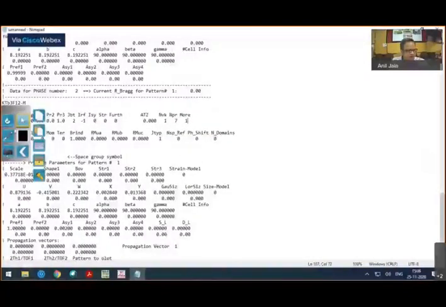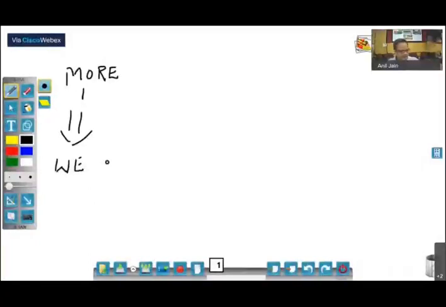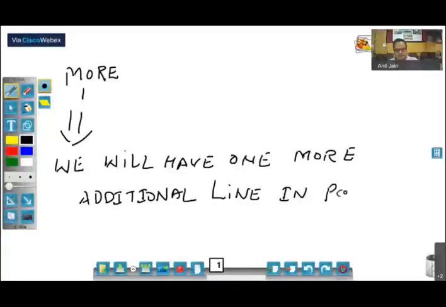What I mean by more equal to 1 is that I am telling the program that we will have one more additional line in the PCR file.